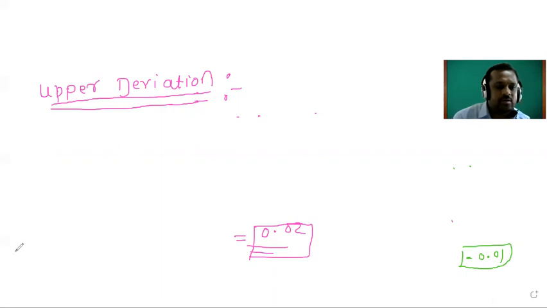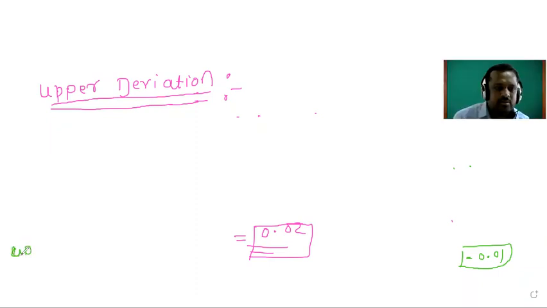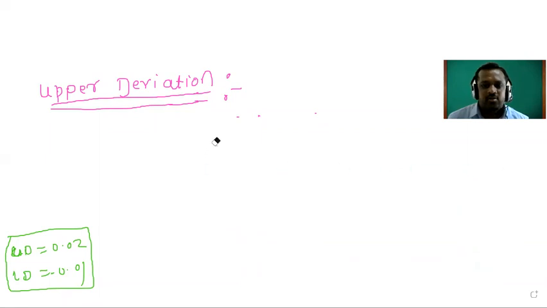The value for the upper deviation is 0.02 mm, and the lower deviation is minus 0.01. So we have to remember these two values. The remaining part I will erase. Then I will explain the next concept so that we can show it graphically.